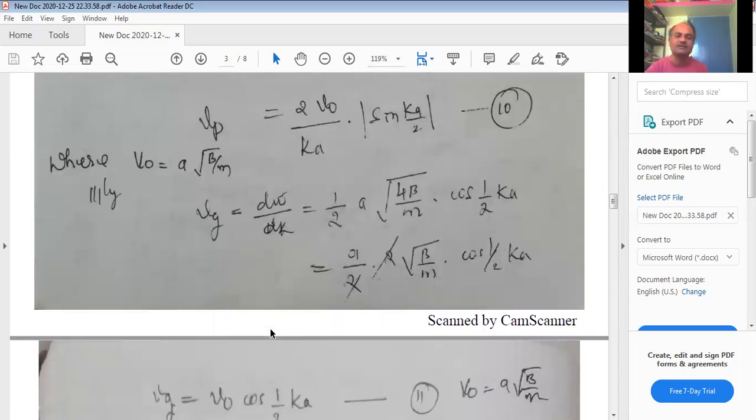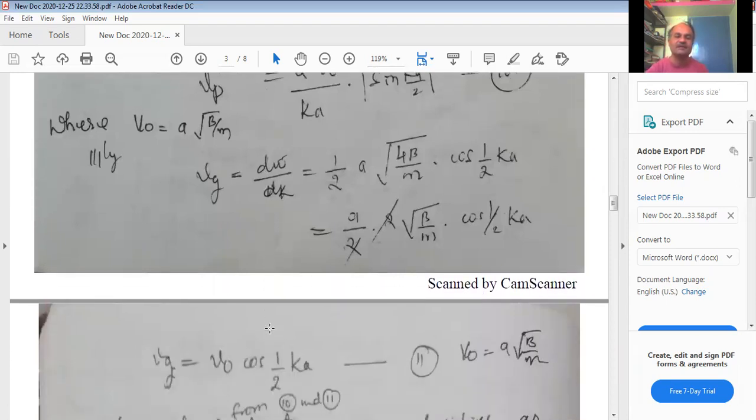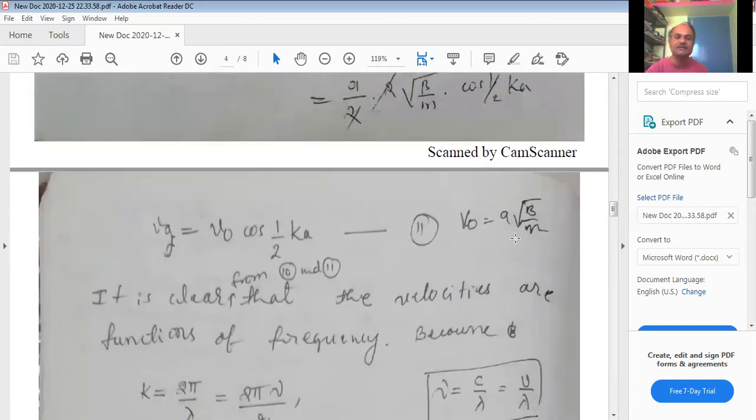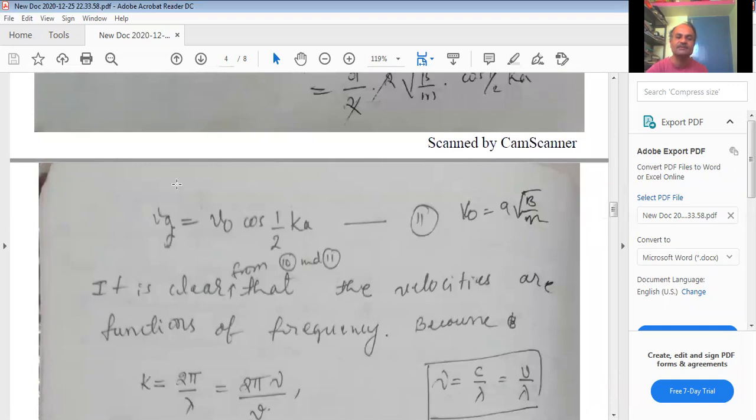Then the group velocity by definition is d omega by dk. Differentiate equation 6, the dispersion relation, you will get like this, and go on simplifying like this to get cancelled, and again we are getting Vg equals v naught into cos of half ka, where v naught is again a into root of beta upon m.